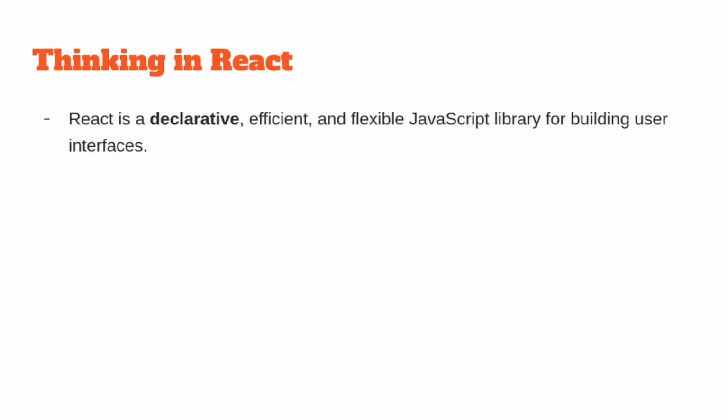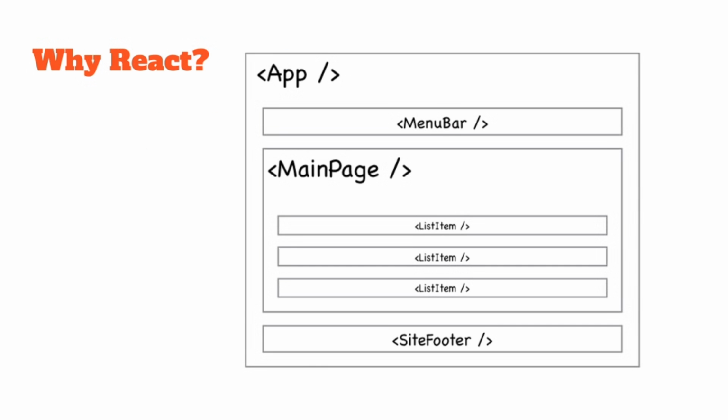That is why we need a mental shift in React. We should think about a program in a declarative way, and once we have that mental shift, we can easily adapt to writing programs in React. So again, React is a declarative, efficient, and flexible JavaScript library for building user interfaces.